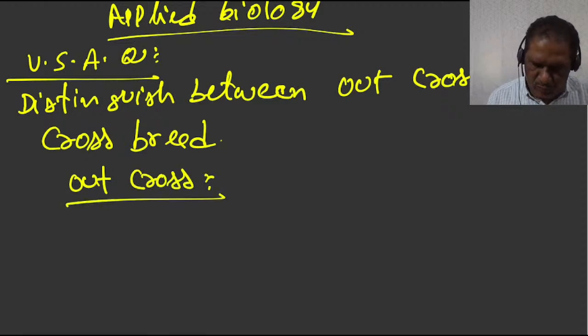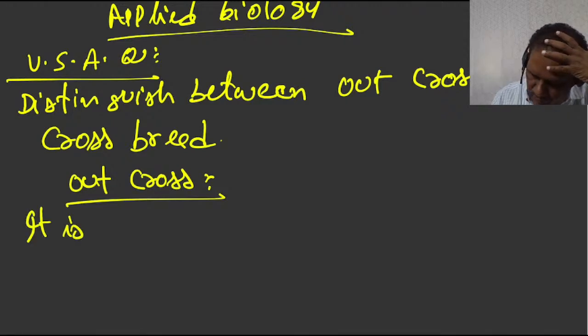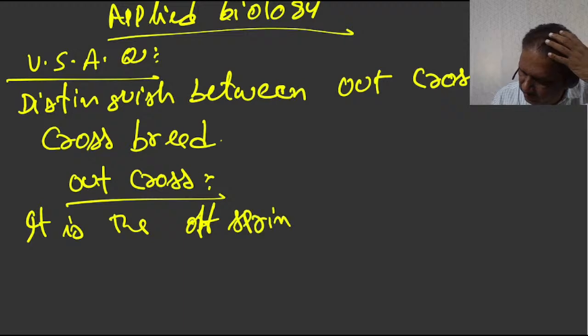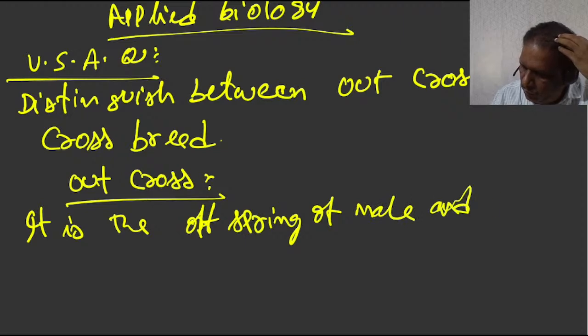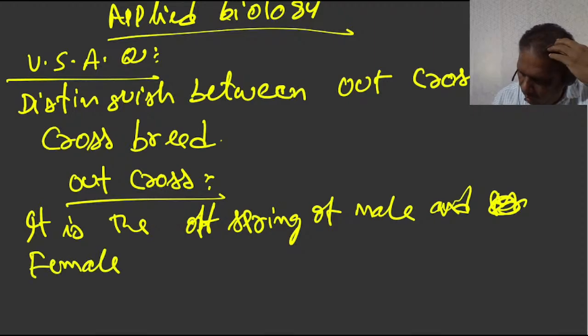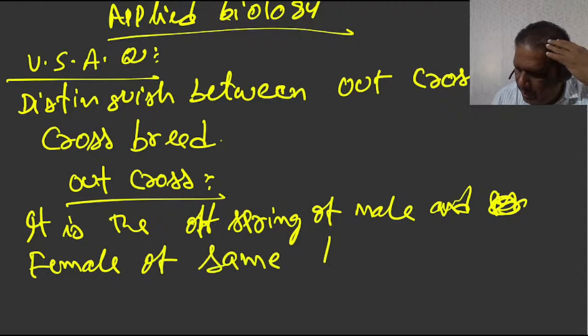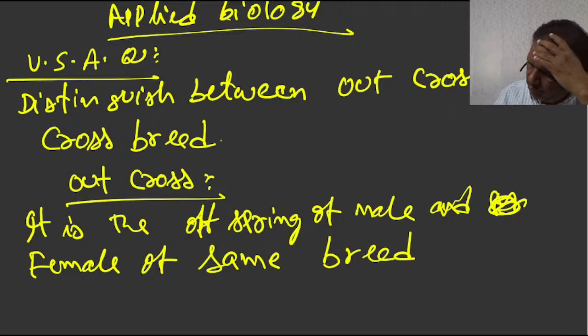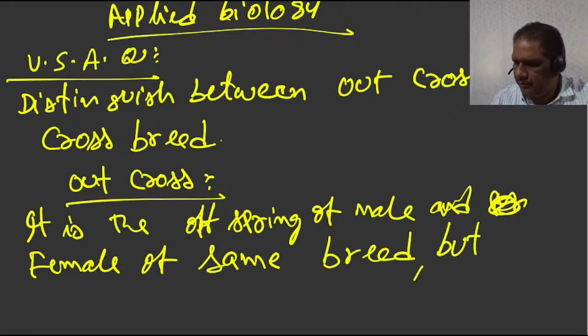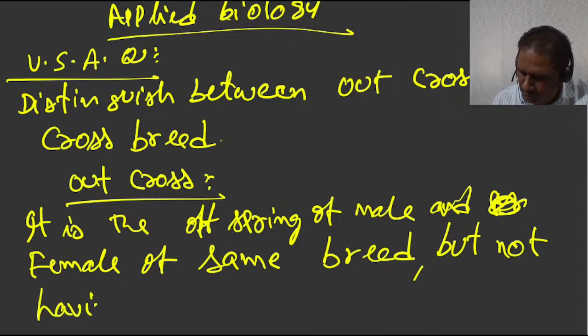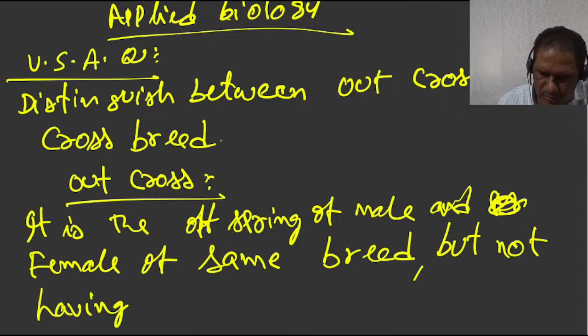What is outcross? It is the offspring of male and female of the same breed but not having common ancestors.